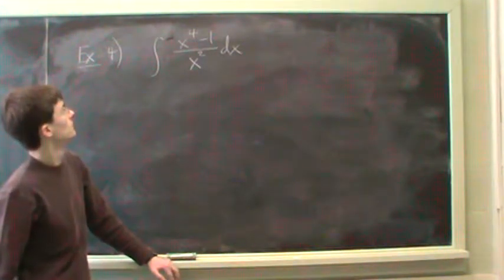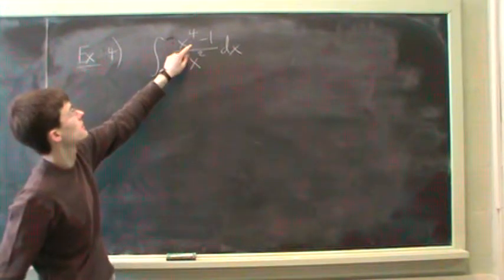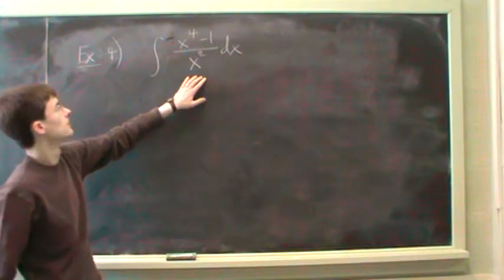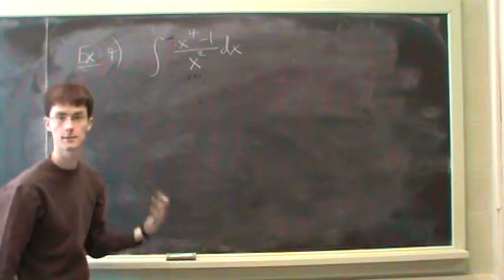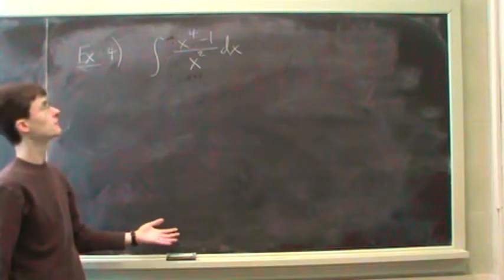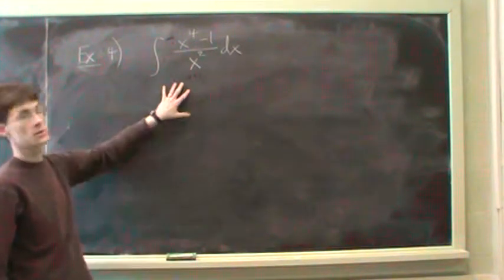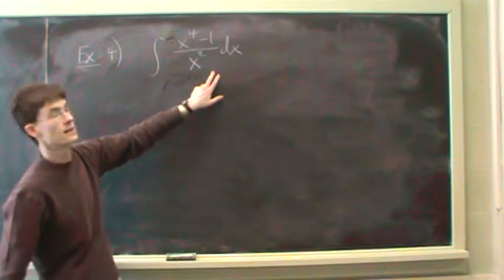So we have a fraction with variables on the top and bottom. Usually those are pretty complicated, unless you can first apply algebra to simplify the problem that you're being asked. So that's what we're going to do in this case. We're going to first apply algebra to simplify the integrand.